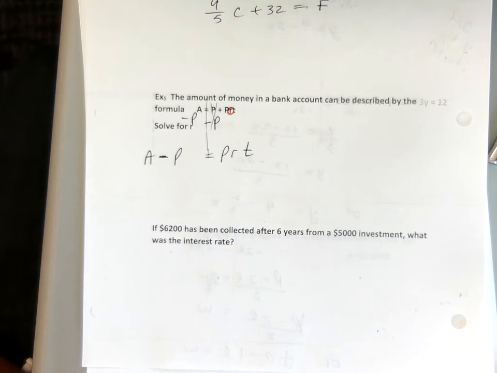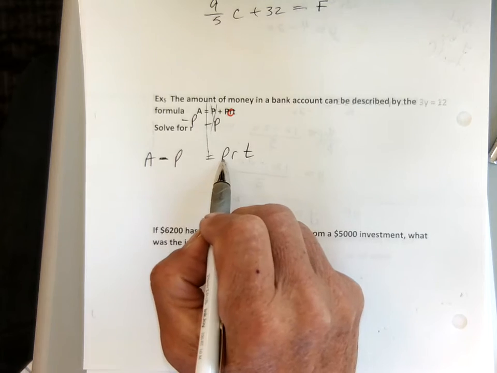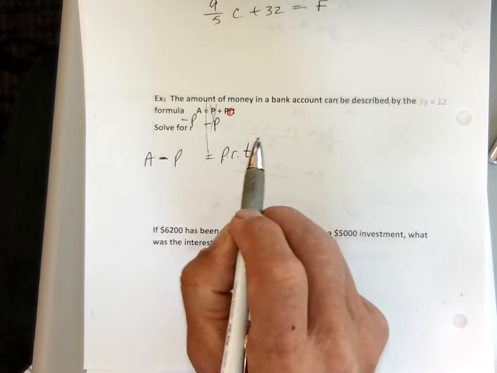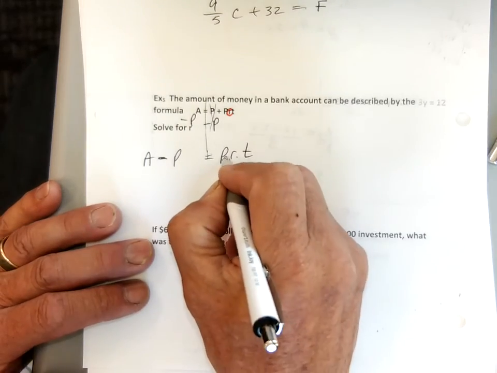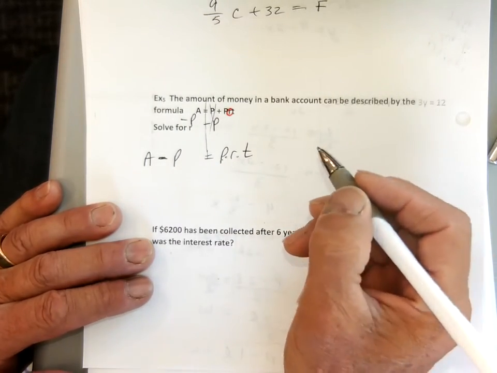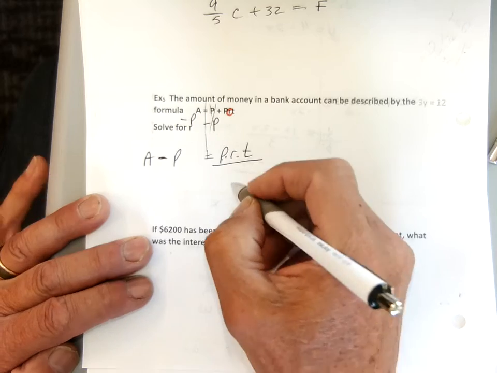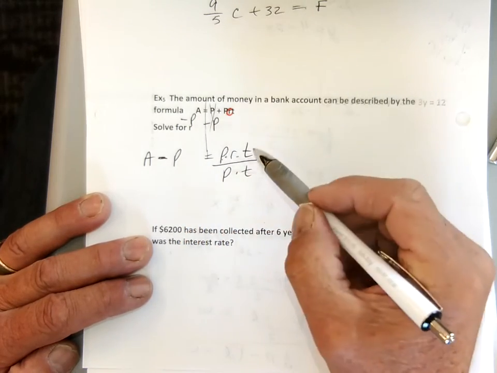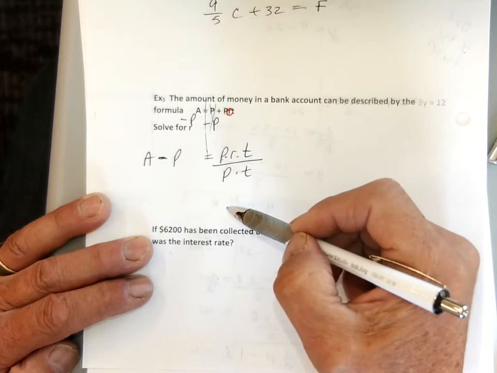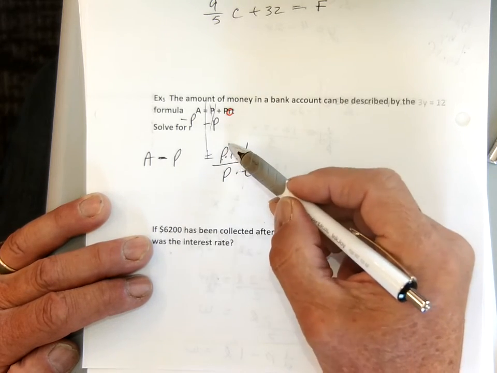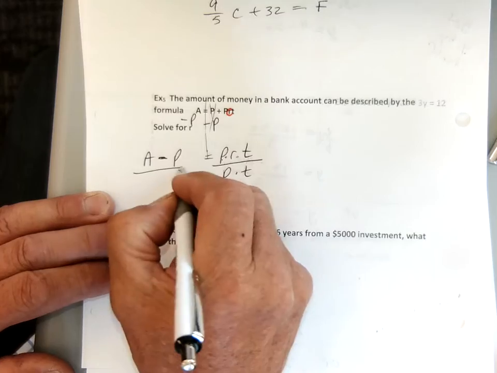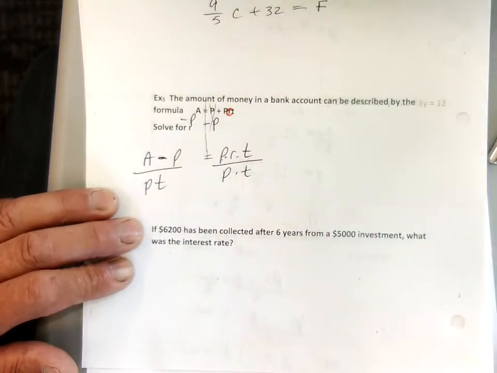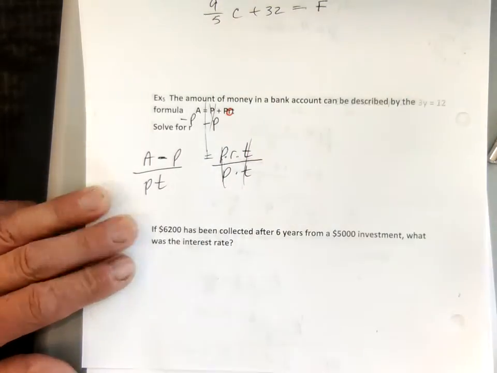Now, this is P times R times T, and I want to get R by itself. Opposite of times is divide, right? So I'm going to do this in one step. If I divide by P and T, it'll cancel the T and the P. T's are gone, P's are gone, and I divide over here by the P and the T. Cancel, cancel.